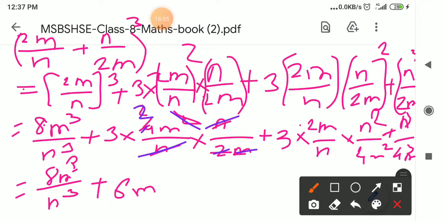Now here also same, 2 1s are 2, 2 2s are 4, m cancels with this 1 m and n cancels with this 1 n.